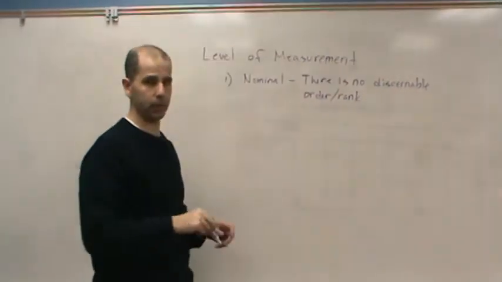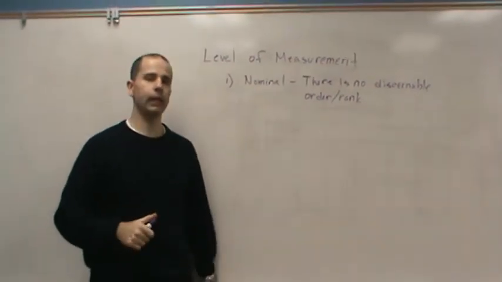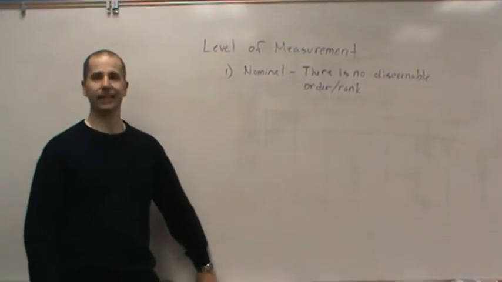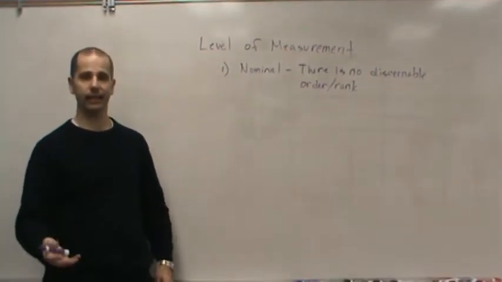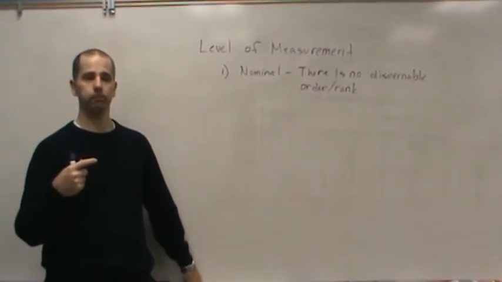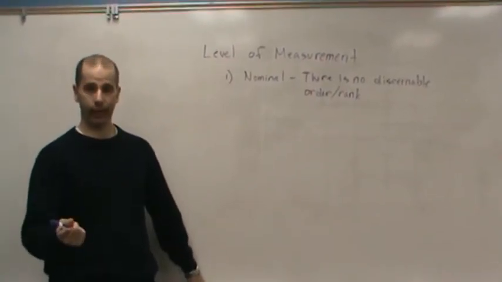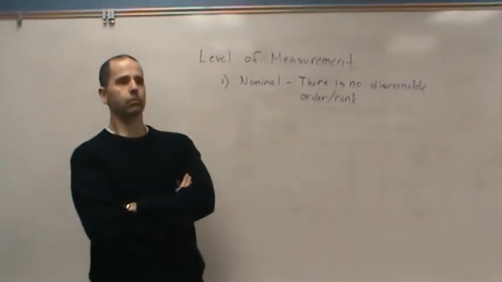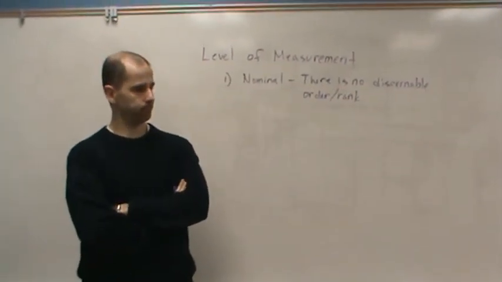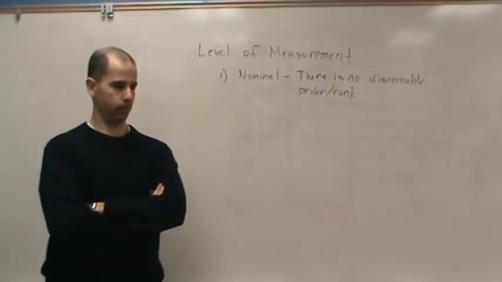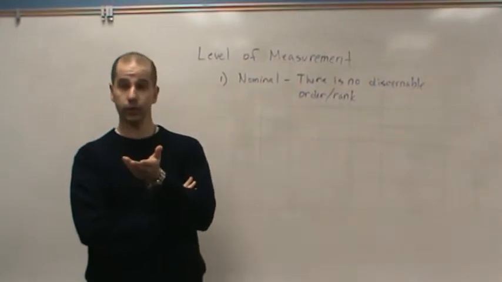Another example of something that would be nominal would be like political party affiliation. Anything that's categorical and doesn't have a rank. For example, if I say a categorical variable like year in school, right?